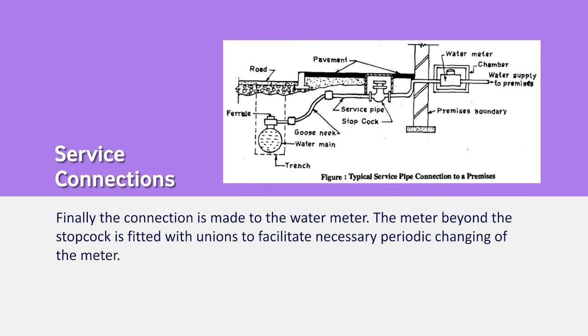Finally, the connection is made to the water meter. The meter beyond the stop cock is fitted with a union to facilitate necessary periodic changing of the meter. Meters fitted in an exposed position outside the building are housed in water meter boxes conforming to IS 2104.